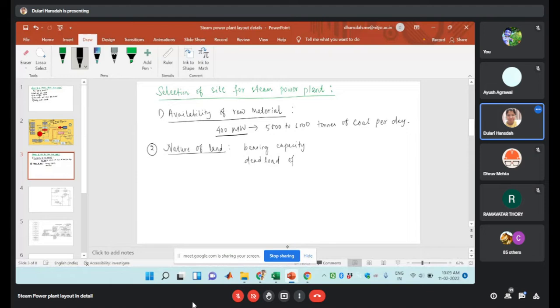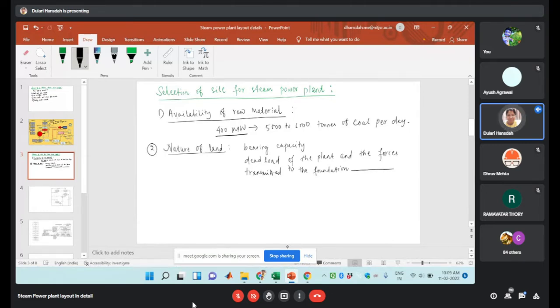dead load of the plant and the forces of the foundation which will be generated by the operation of the machine.